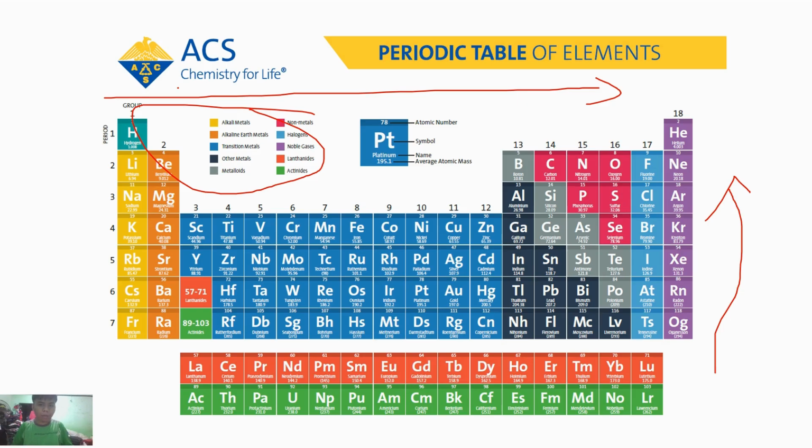And this is very true, because if you have very electronegative atoms, the tendency is malakas yung electron pull niya, so mag-shrink ang kanyang atomic radius.